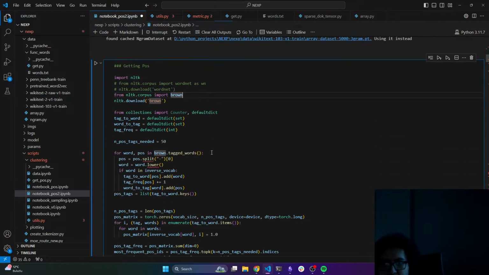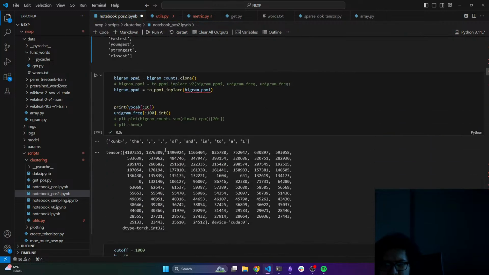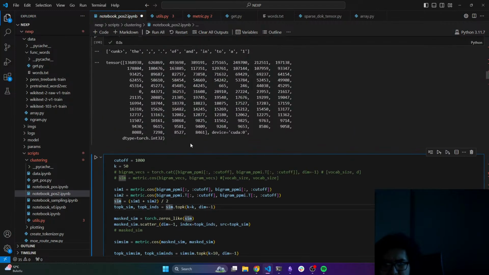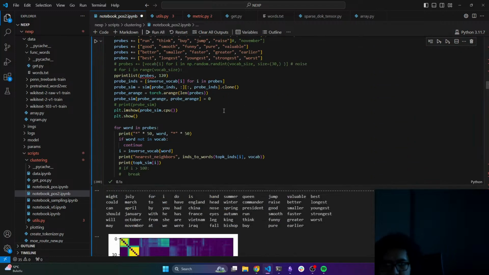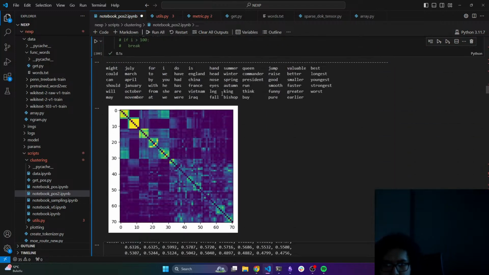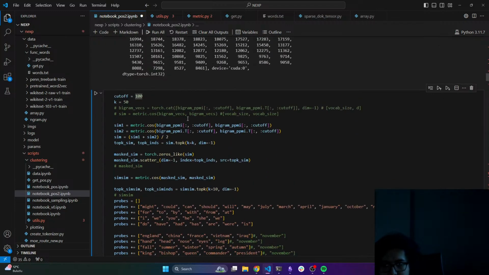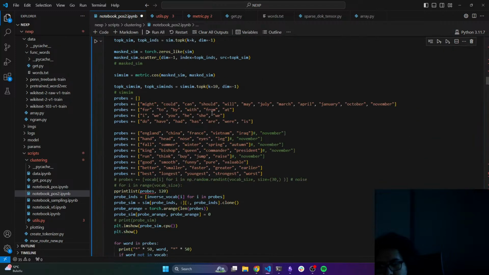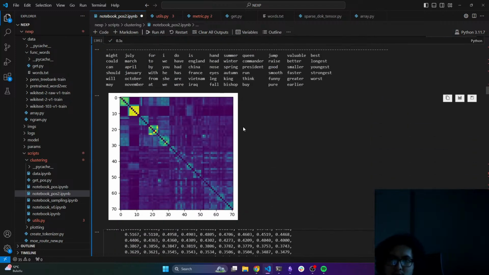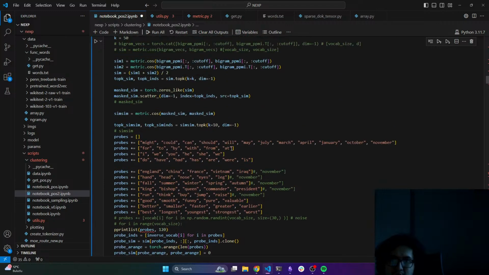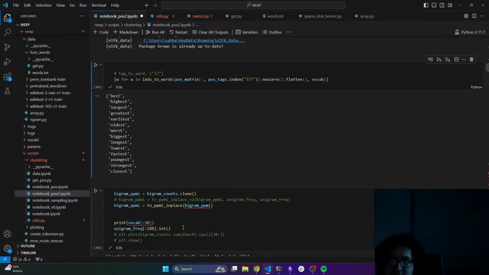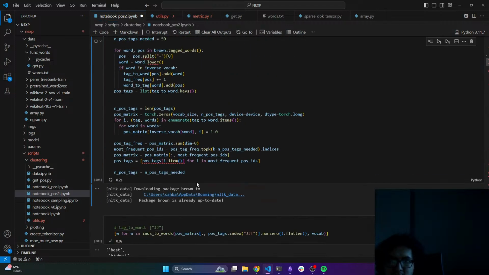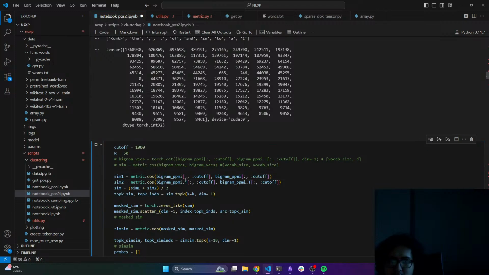I'll just use 10 million. This is still not super clearly defined.